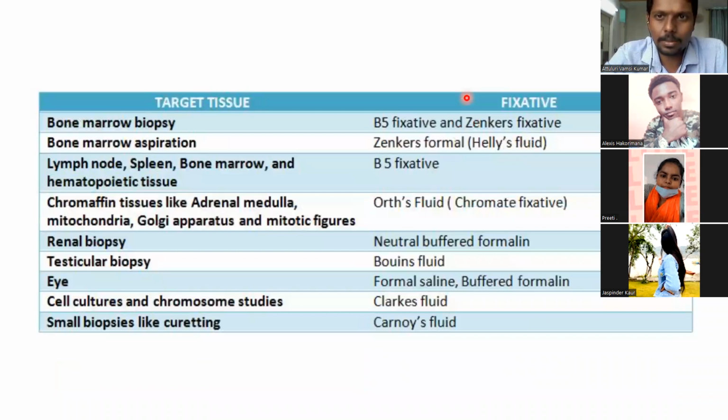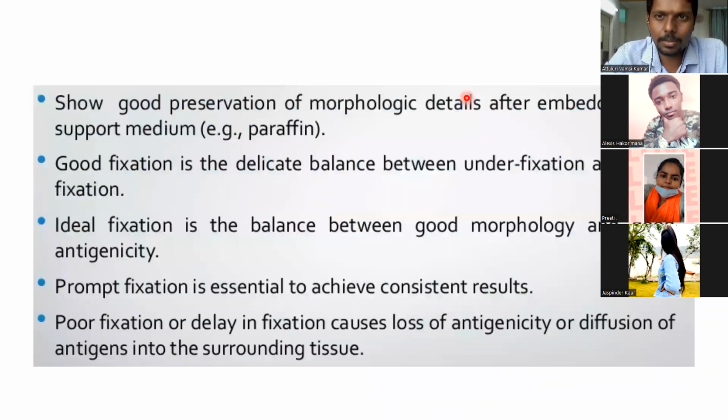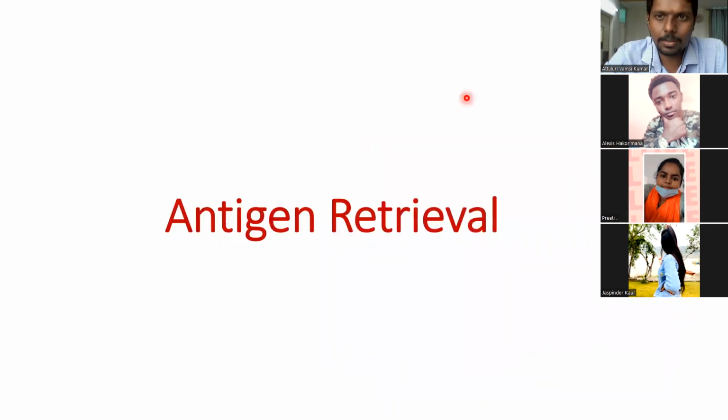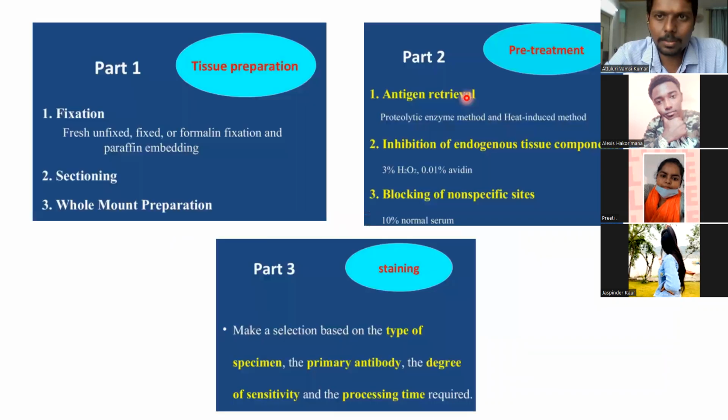Then there are the advantages and disadvantages of these fixations. The second step in immunohistochemistry is antigen retrieval or pre-treatment, which includes antigen retrieval, endogenous enzyme blocking, and blocking of non-specific sites of the tissue.